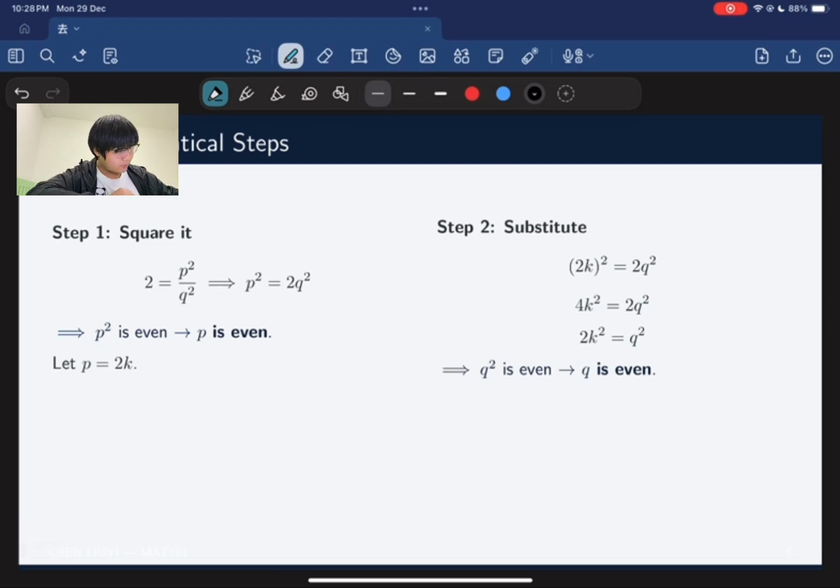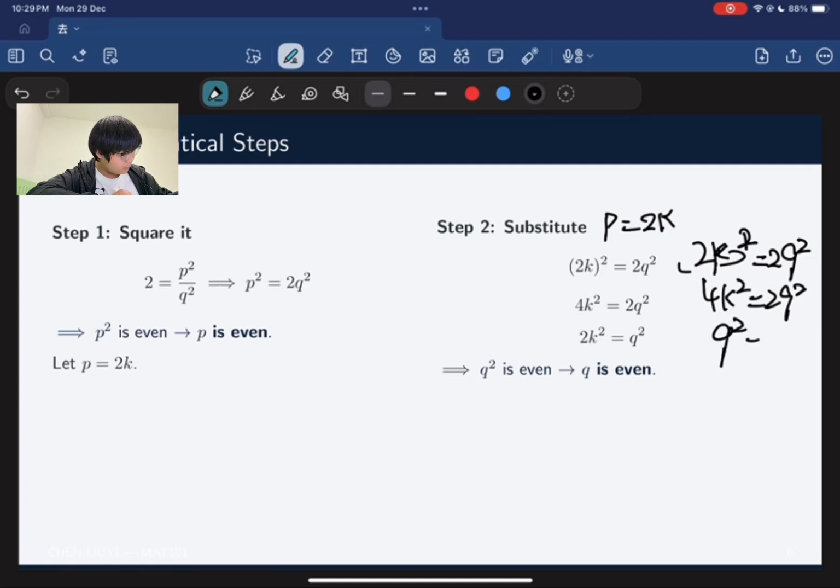We substitute p equals 2k back into the equation. Then we get 2k squared equals 2q squared. Then we can calculate that q squared equals 2k squared. That means q squared is even, and from this, we get q is even.